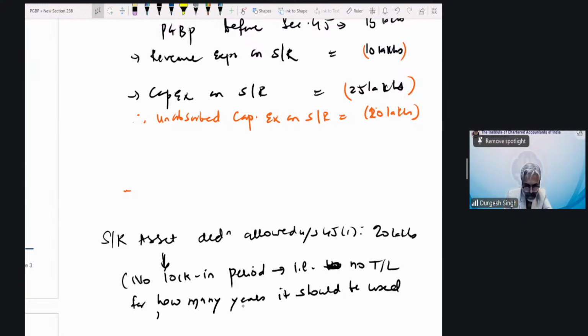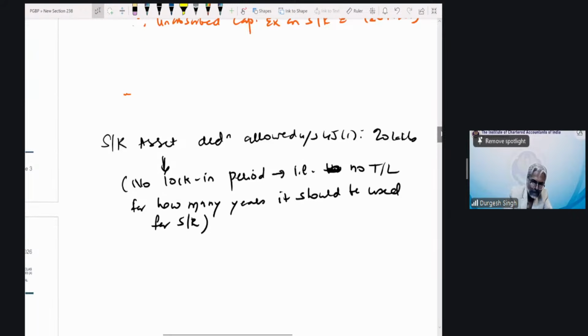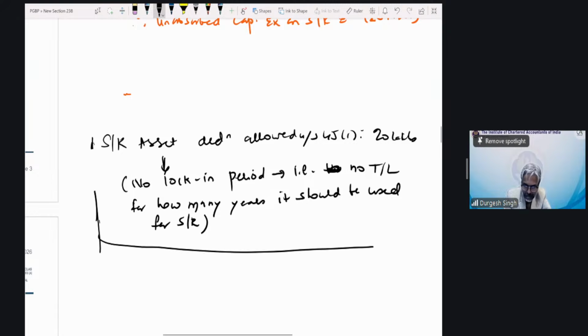It should be used for scientific research. No lock-in period, that is no time limit. No time limit for how many years it should be used for scientific research. Is that clear to all of you? Fine. Now, on this particular note, let's develop a case.